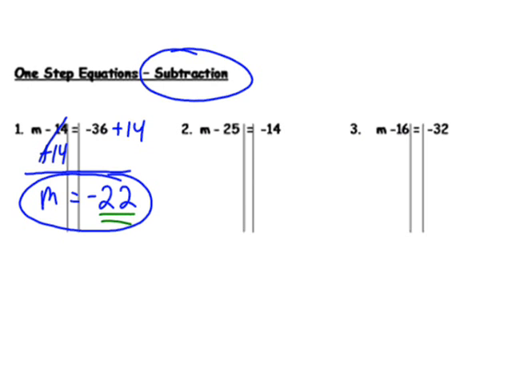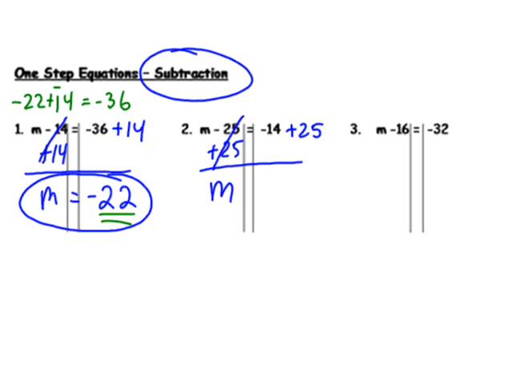I'm going to take our answer, negative 22. Is negative 22 minus 14 a negative 36? Well, if you add the opposite, negative 22 and negative 14 is negative 36. Let's do another one. We're going to add 25 to both sides. Those cancel out.